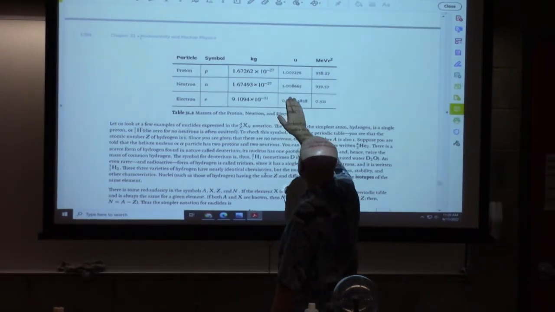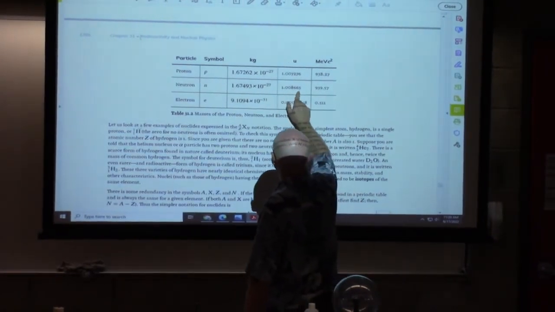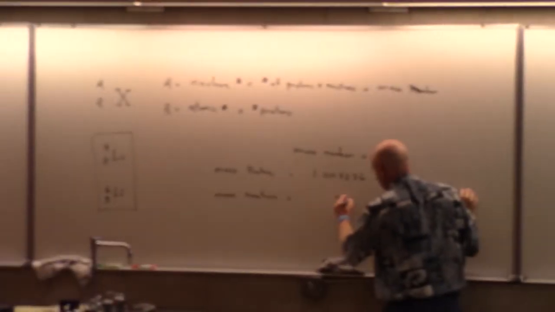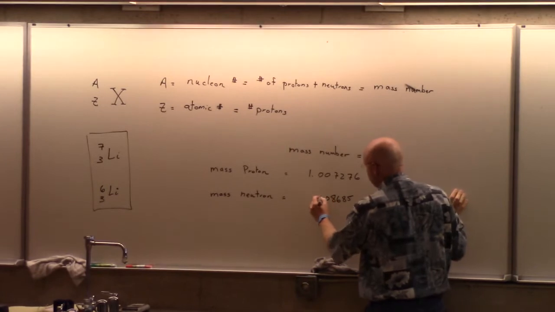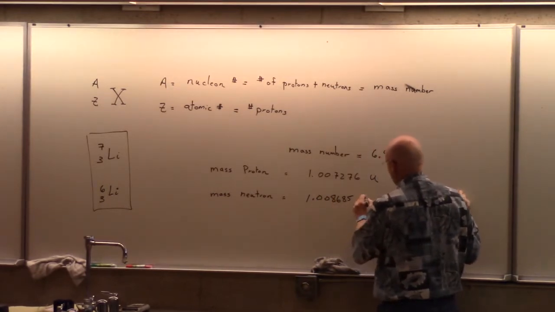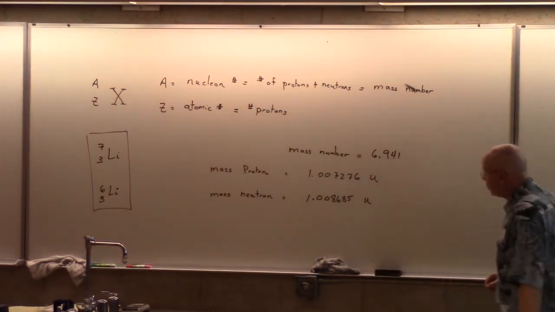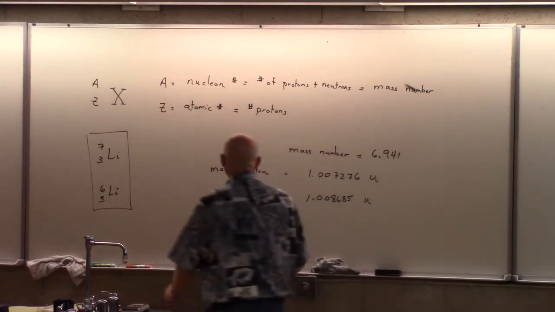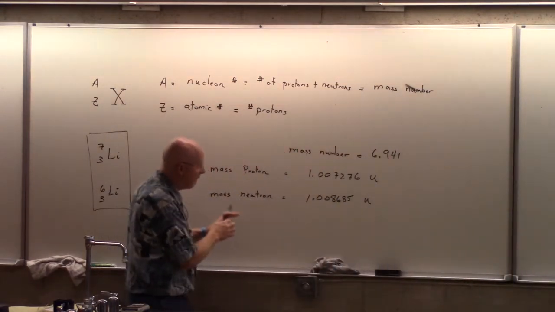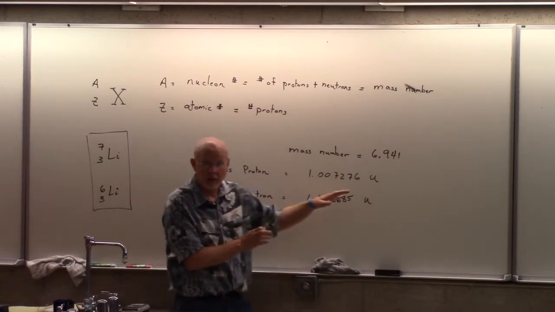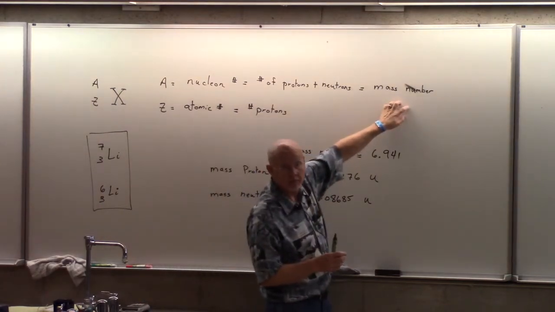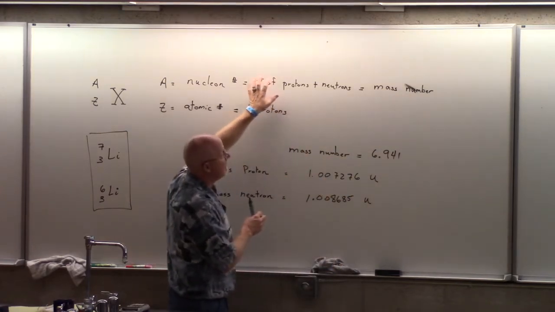And for the neutron, it looks like 1.008665. It's still a double zero and still close to 1. But in terms of atomic mass units, you can see that a proton and a neutron are very close to the same. And that's why the mass of them will be the same as the number of them.